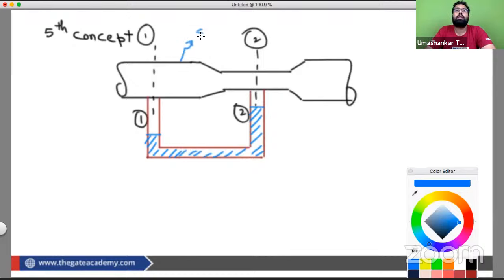So let's suppose here the density is S and the density of this fluid is Sm. This is the difference, x. So what we require is h, which is h1 minus h2. So how can we solve it?